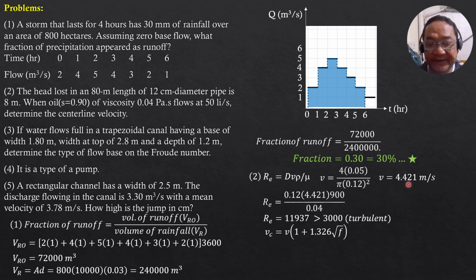But because the flow is turbulent, this is the centerline velocity, which I also derived in the playlist.